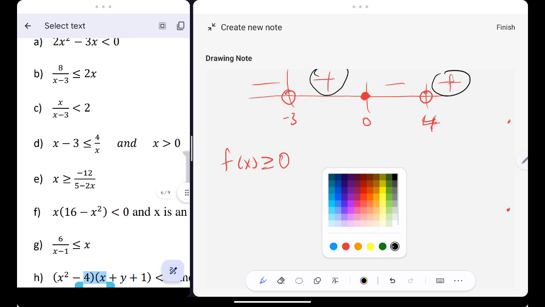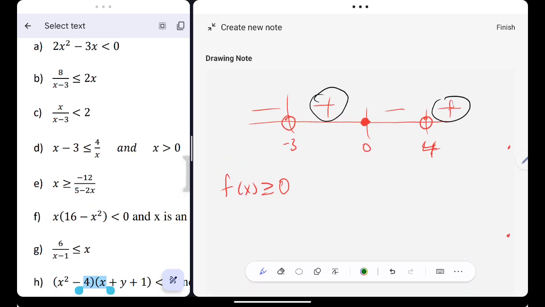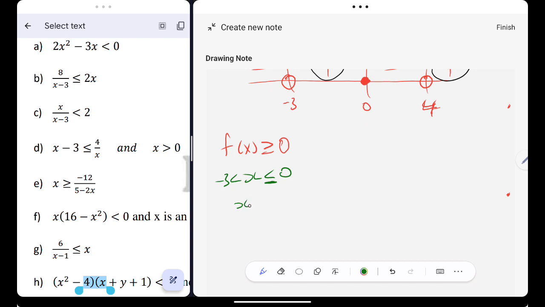So how do I express it? I know that the x should be between -3 and 0. However, the 0 should be included. Are you together? And where else do I see a positive? I can see a positive when x is greater than 4.